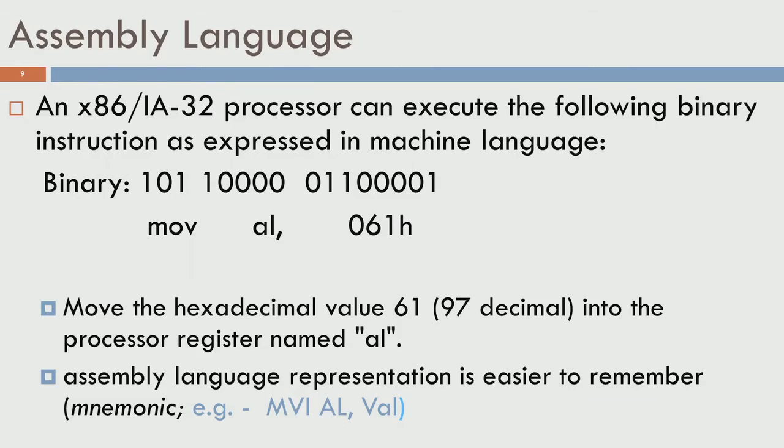For example, we have MVI AL comma value. This could mean move the value to AL, and such instructions are called mnemonics. Mnemonics are essentially easy to remember, and this binary sequence we could write as MVI AL comma val. This could be given to an assembler which would translate that into this binary code.